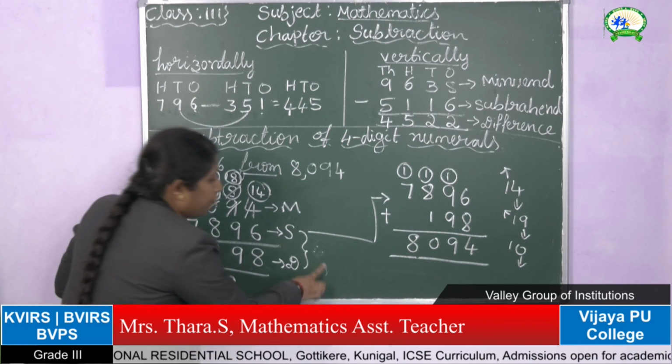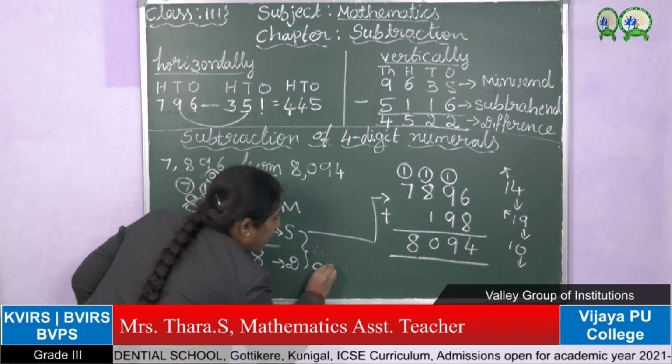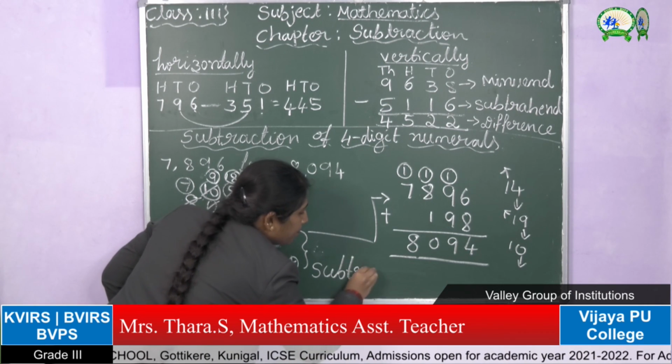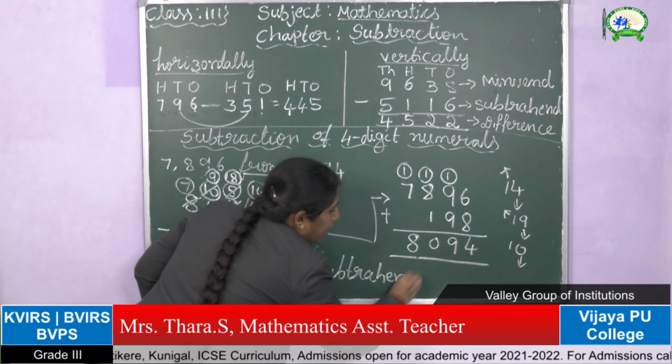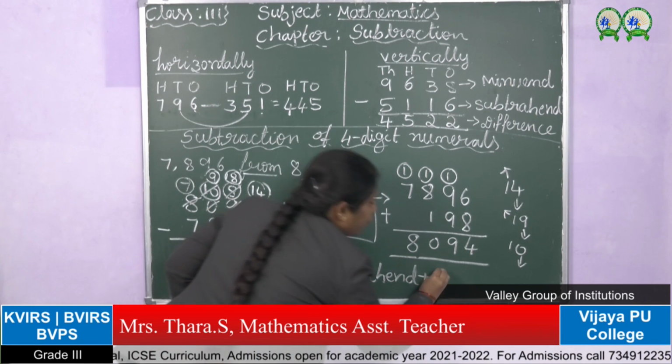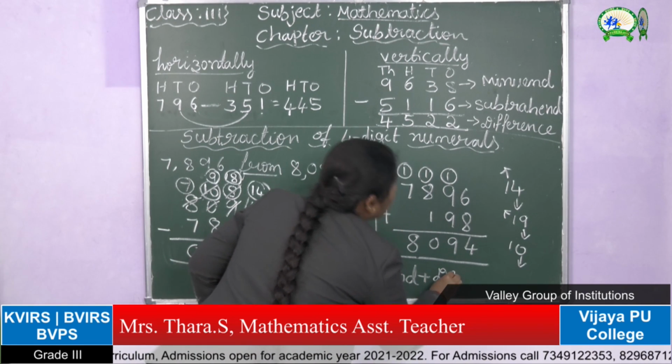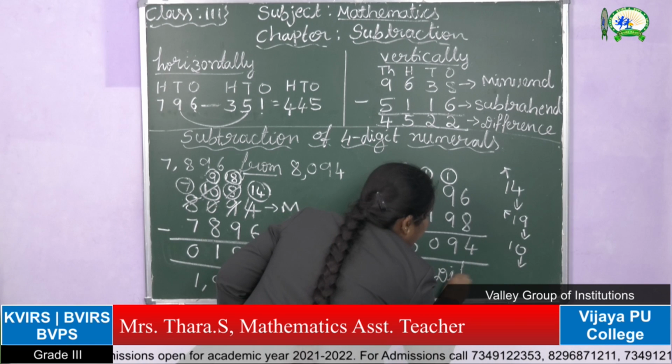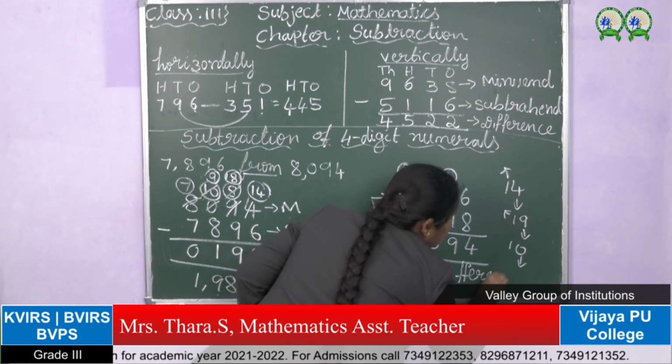How can we write it? If you add subtrahend plus difference, what will you get?